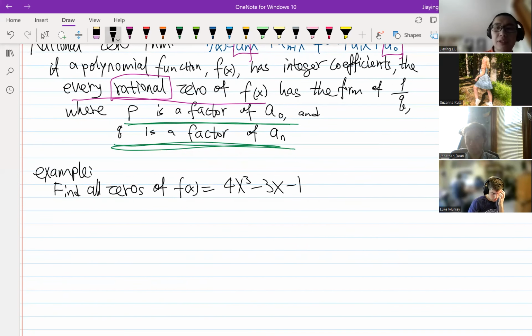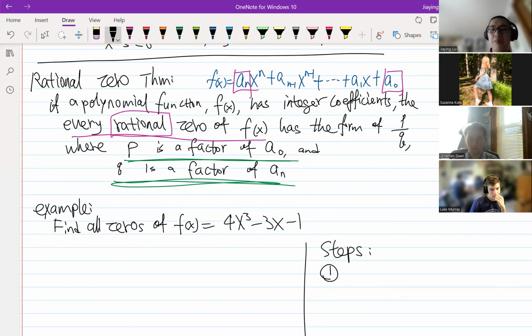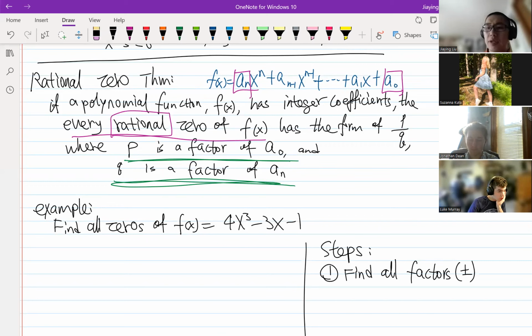So here are the steps. Step 1, we're going to find all plus minus factors of a0.